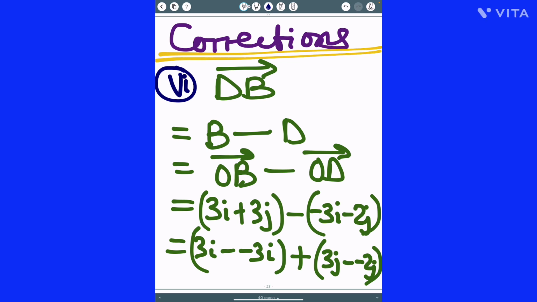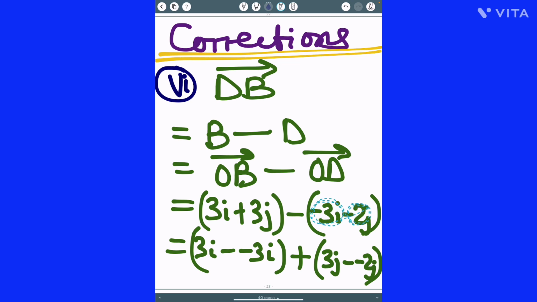DB is B minus D. So that's relative vector OB minus relative vector OD, which gives you 3i plus 3j minus 3i minus 2j. Relative vector OD is minus 3i minus 2j.